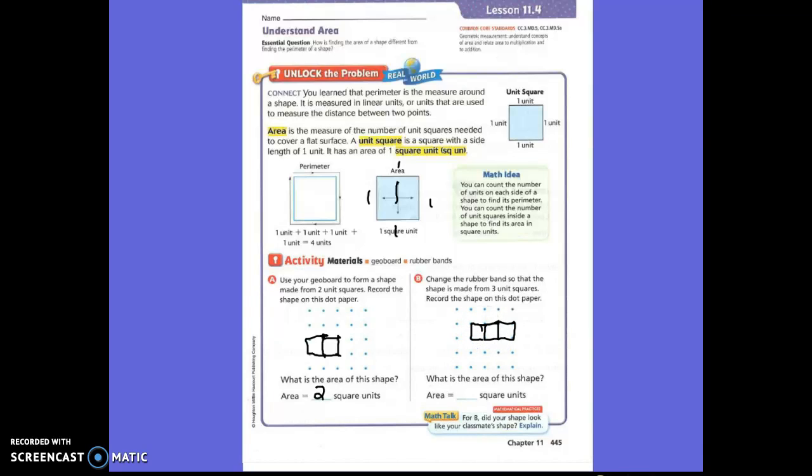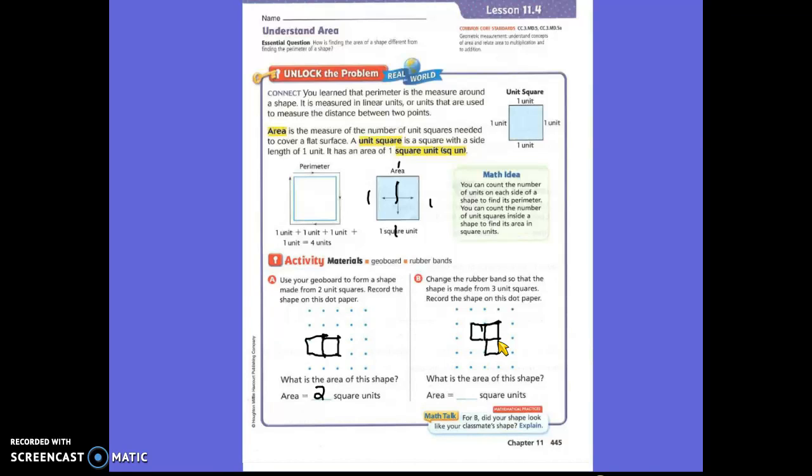Yours might be different than mine. It doesn't matter how you do it. You could have done it like this, or something like this.